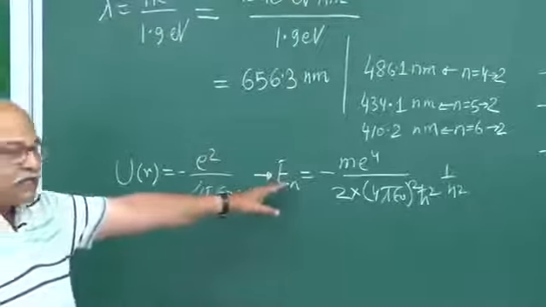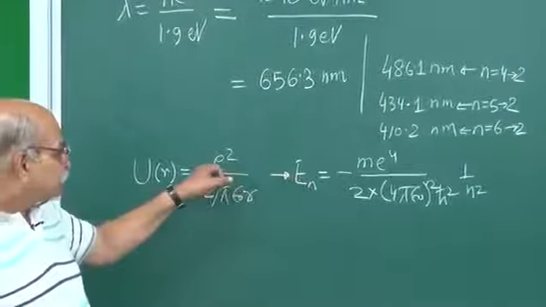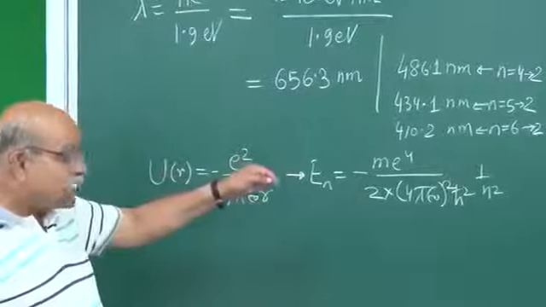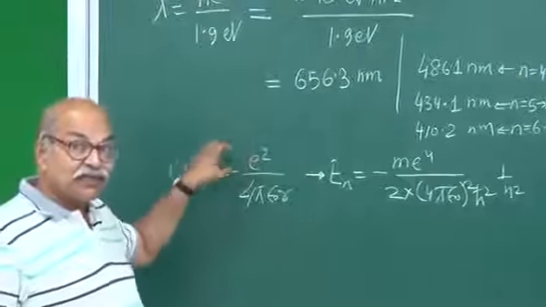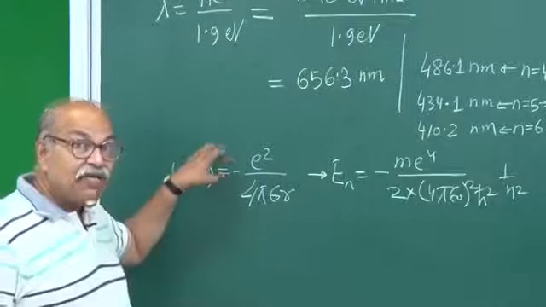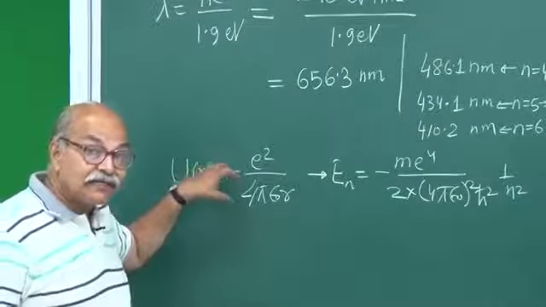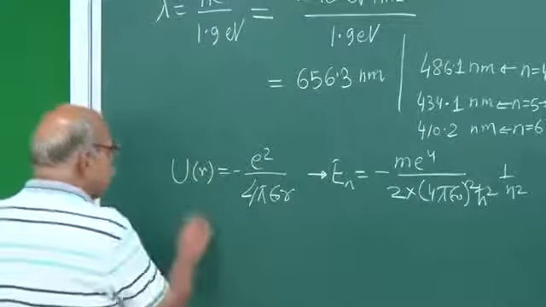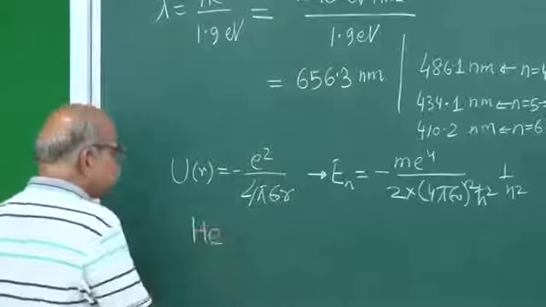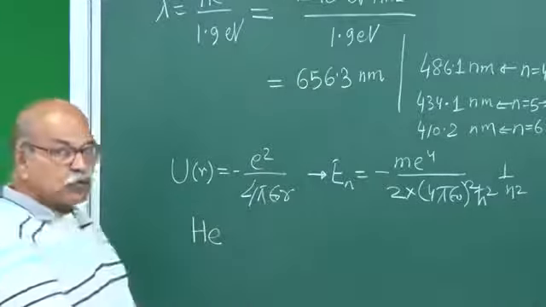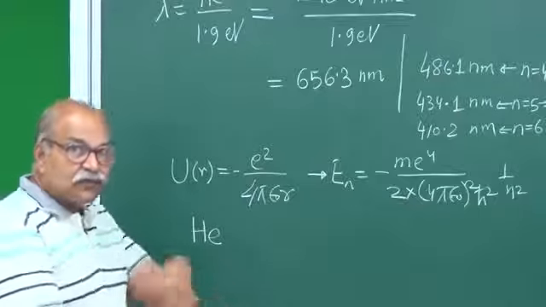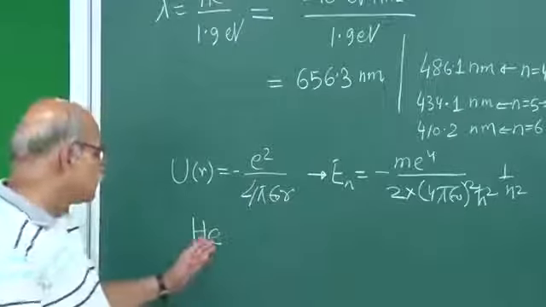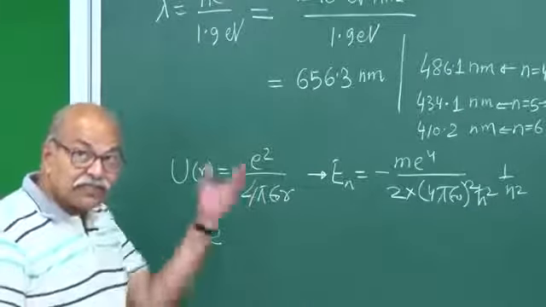And not only that, if you have one electron and more than one proton in the nucleus, which we call hydrogen-like ions. For example, if you have a helium nucleus, the helium nucleus has 2 protons and 1 or 2 neutrons, so 2 protons here and 2 electrons in the atom.